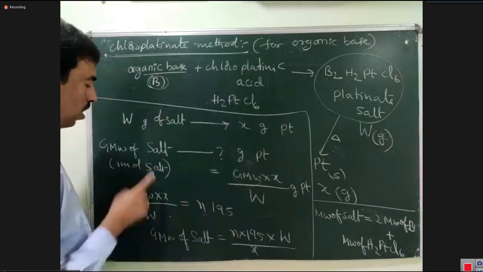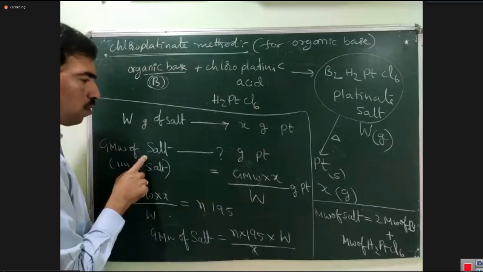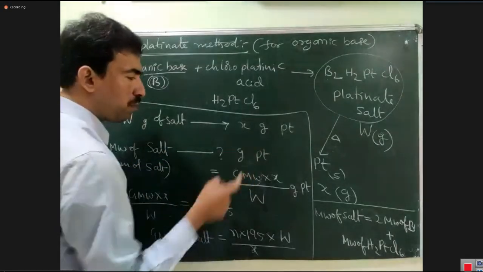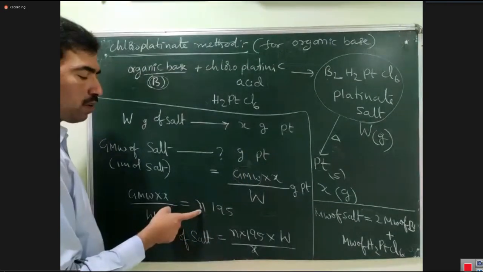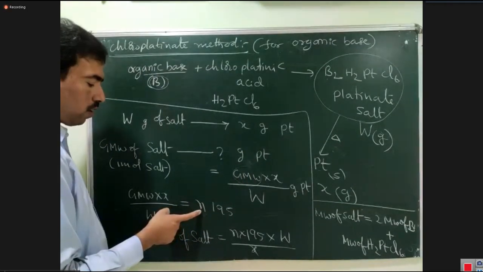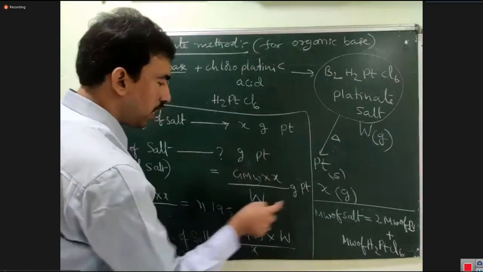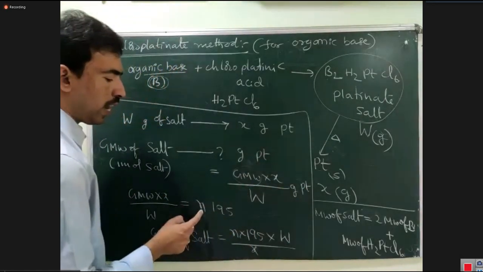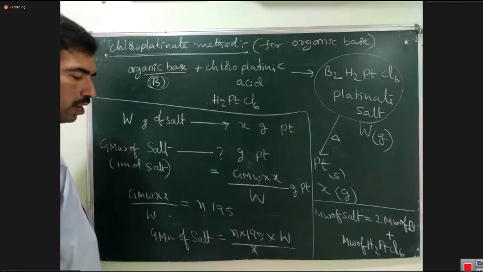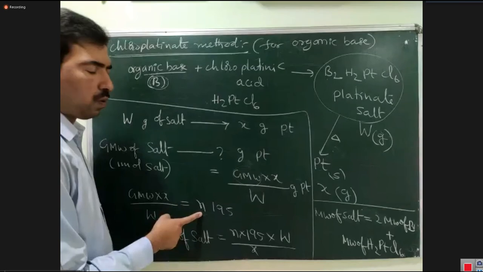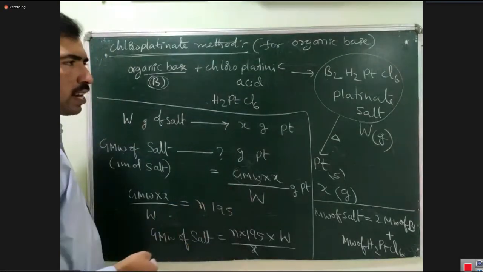But gram molecular weight of the salt means 1 mole. From 1 mole of this salt, you are getting n moles of platinum. We don't know what n is; n is the number of moles of platinum. So 1 mole of salt gives this much platinum, which must be equal to n into 195. You can take n as the valency also, no problem. It will automatically come as the number of atoms.